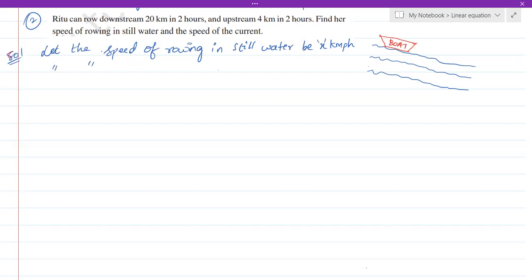Similarly, let the speed of current, that is the speed at which the water is flowing, be y kilometer per hour.